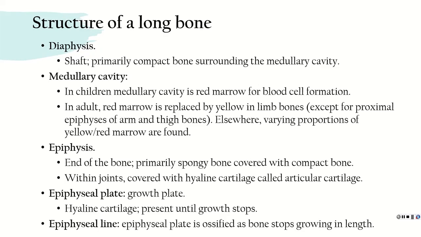They have epiphyses, which are at the ends of the bones, either proximal or distal. They're more spongy, so they're trabecular bone because of that. These are where we find the hyaline cartilage covering them to form the articulating joints, so articular cartilage. There's then a growth plate called the epiphyseal plate.